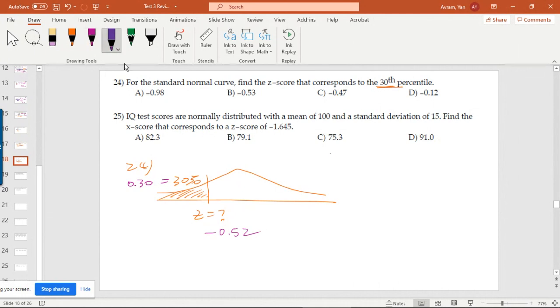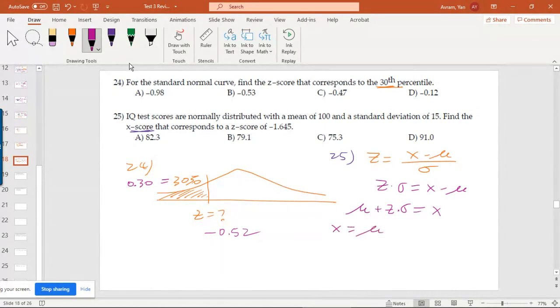All right, number 25, you want to find the x-score. Remember, we have G is equal to x minus mu over sigma. If I multiply both sides by sigma, we have x minus mu. So if I add mu on both sides, we have the formula x equal to mu plus G times sigma.